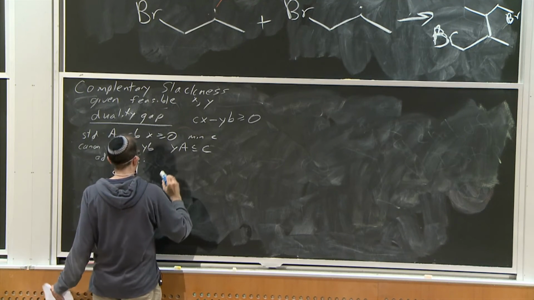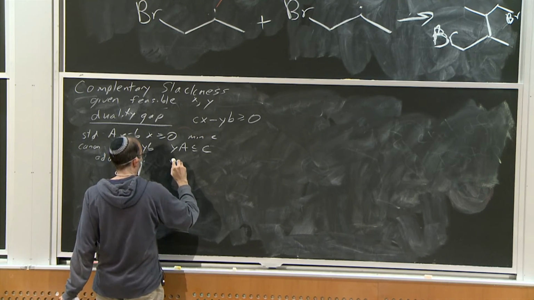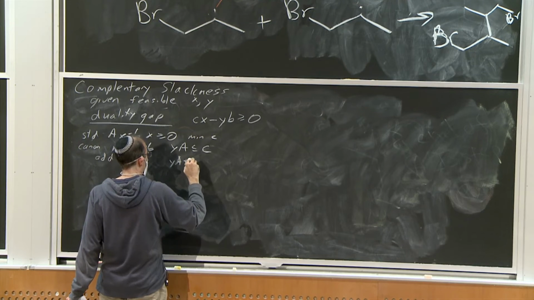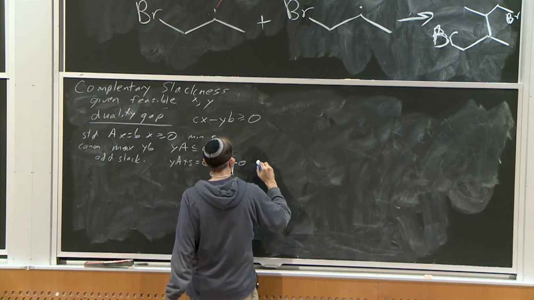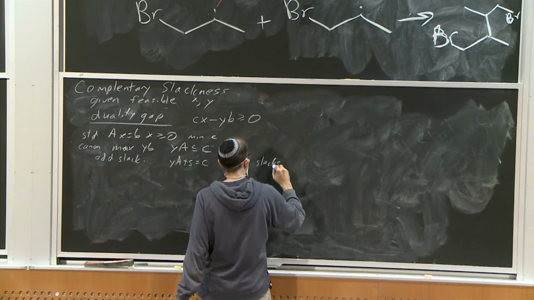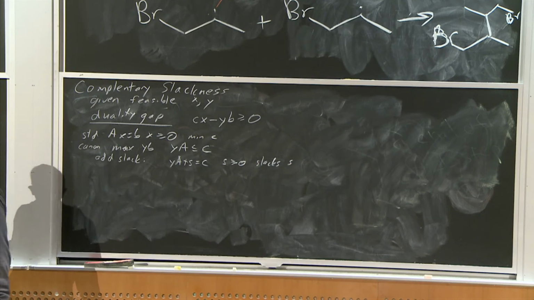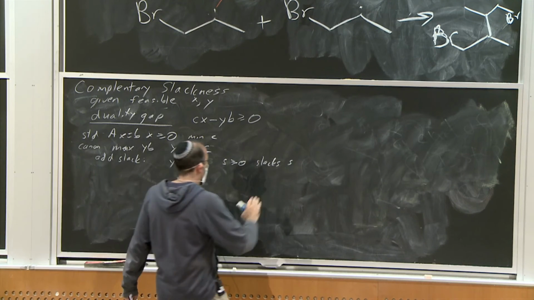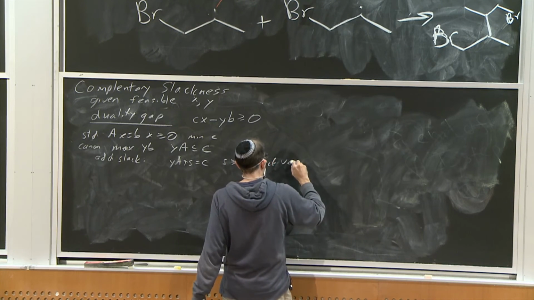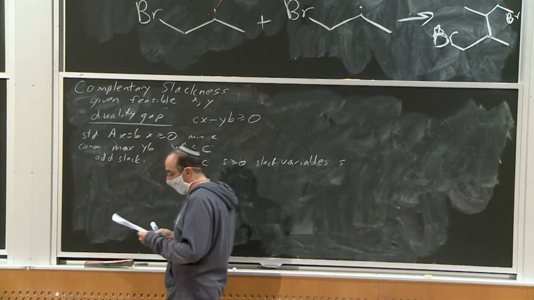Instead of saying YA is less than or equal to C, I'm going to say that I want YA plus S to be equal to C and S greater than or equal to 0. And so all I've done is introduce these slack variables that we've talked about before.